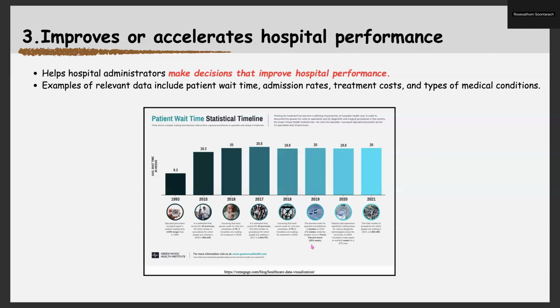And you can improve or accelerate hospital performance. This can help the hospitals to make decisions to improve performance. For example, this can include patient wait time, admission lists, treatment costs, and types of medical conditions.